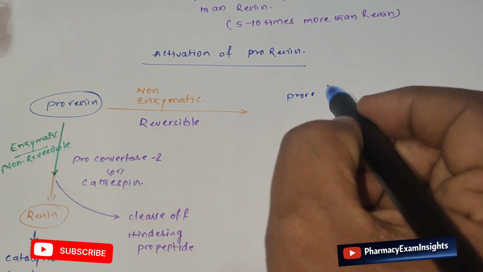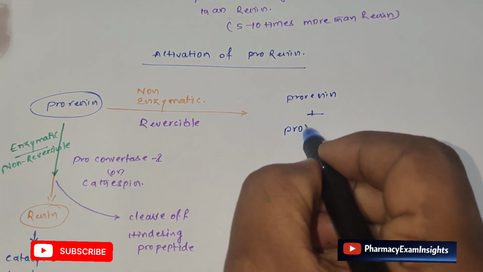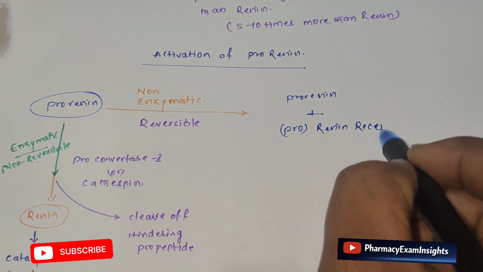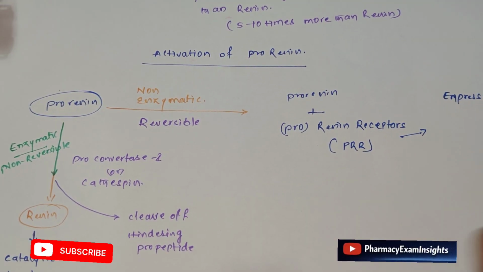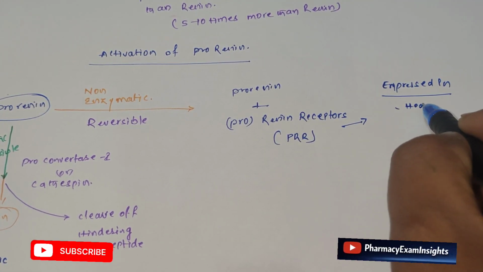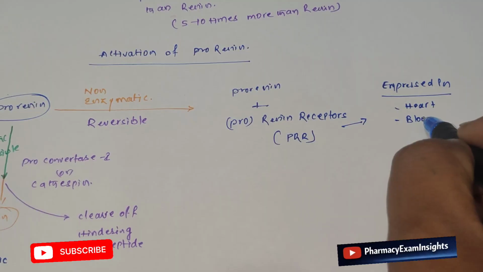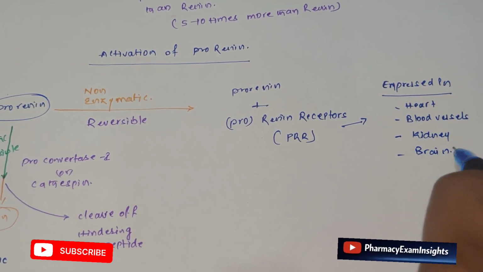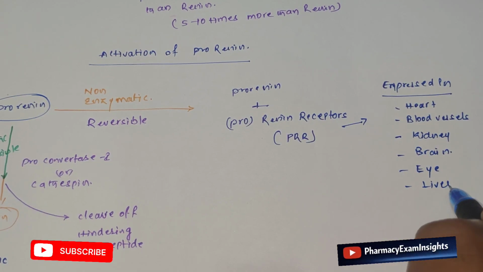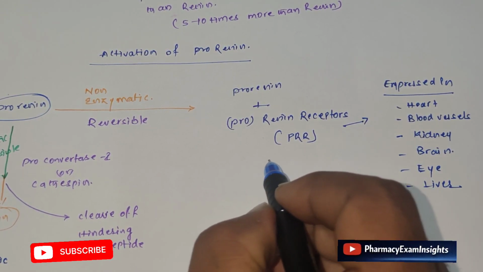Then coming to the non-enzymatic activation, when prorenin attaches to prorenin receptors, these receptors are expressed in heart, blood vessels, kidney, brain, eye and liver.